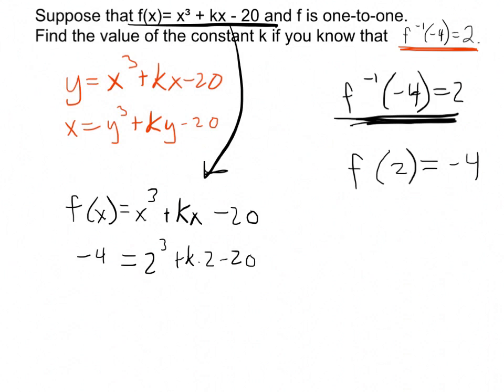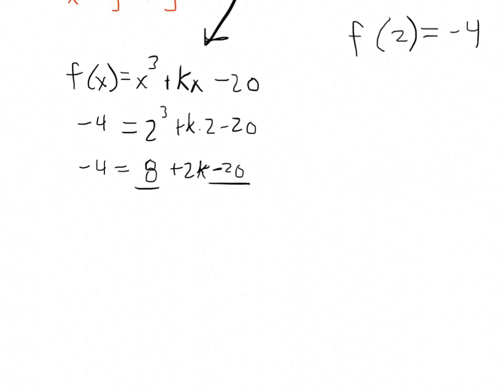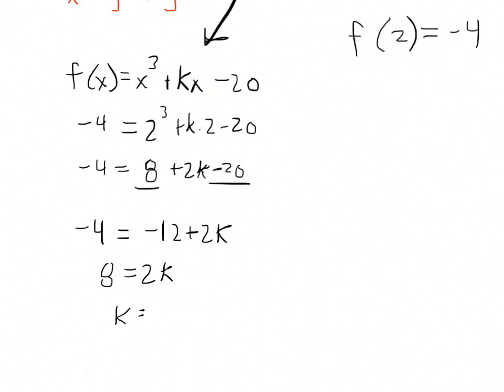And now this should just be an easy thing for us to solve. -4 equals 8 plus 2k minus 20. Let's see here, the 8 and the -20 will combine to give me -4 equals -12 plus 2k. Adding the 12 over, you'll get 8 equals 2k, which means k is going to be 4. And there you go. There's your answer to the problem.